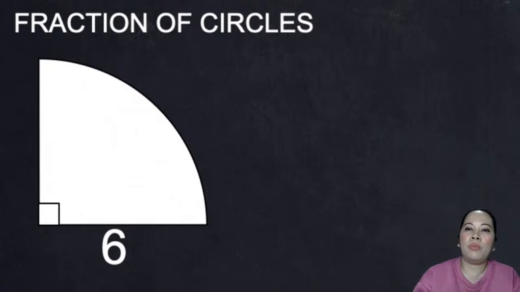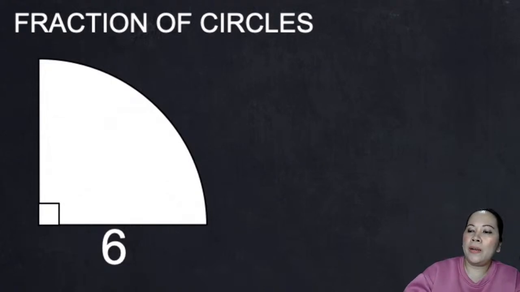There is a formula for area of a sector, and there is also a formula for arc length. For tonight, since I'm touching on fractions of circles for grade 7 and grade 8, we only do a quarter or a half. So we only touch on semicircles and quarters.